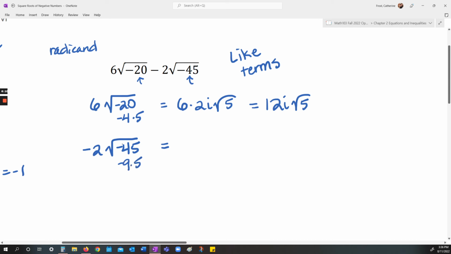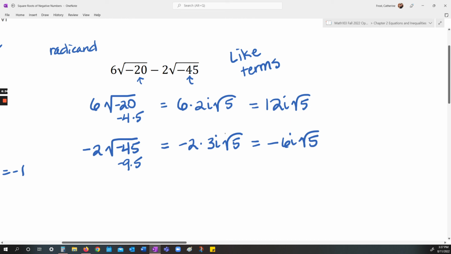I didn't mean for these to have the same radicand as the previous problem. So negative 2 hangs out. Square root of negative 9 is 3i. And then we have square root of 5, because we can't simplify that any further. Negative 2 times 3 is negative 6, so negative 6i root 5.